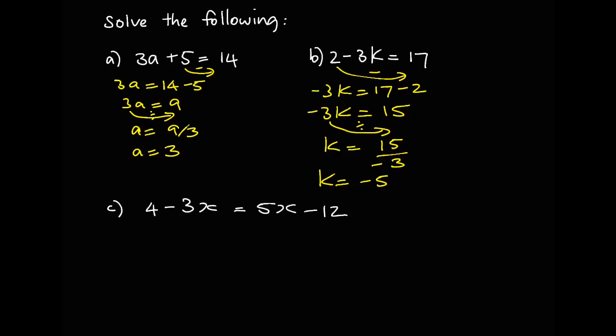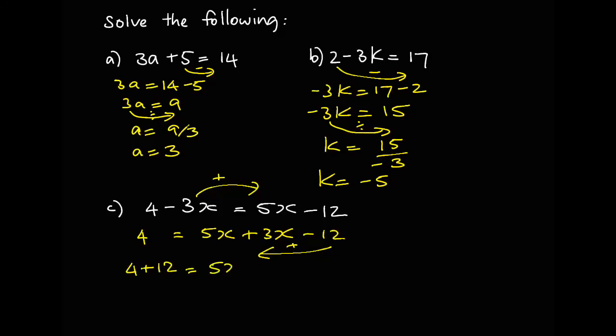Alright, looking at problem C, let's take the negative 3x as a positive 3x. So we've got 4 equals 5x plus 3x minus 12. Now we bring the 12 across as a positive. So we've got 4 plus 12 is equal to 5x plus 3x.